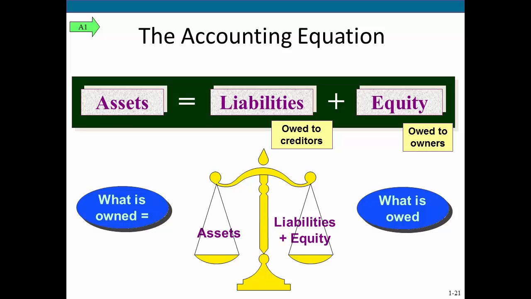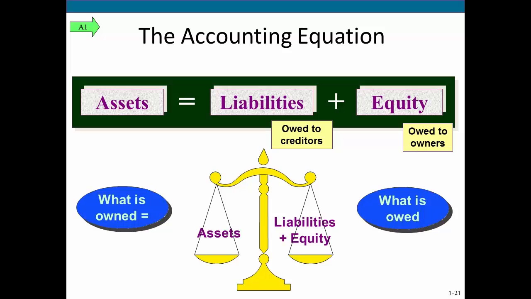Non-owners are called creditors and may be suppliers, lenders, employees, or tax authorities. We refer to the amounts a company owes to its creditors in future payments, products, or services as liabilities. Owners are also known as stockholders. Equity, which is also called owner's equity or capital, refers to the claims of the company's stockholders.